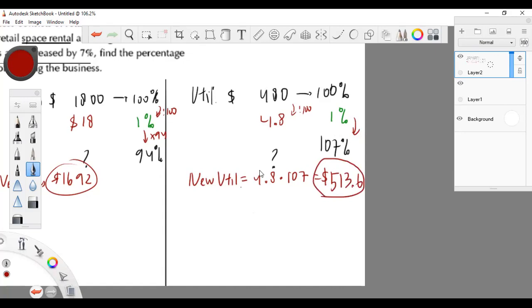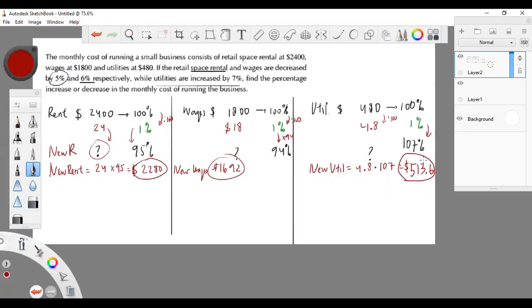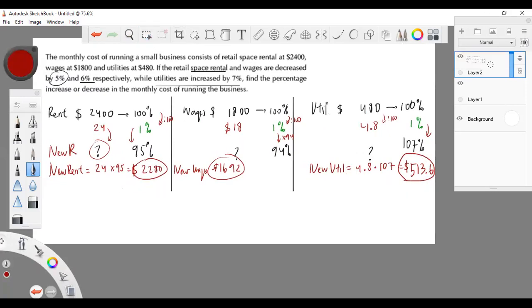Now, what is the question? Find the percentage increase or decrease of the monthly cost of the business. Oh my goodness. So what you can do now is try to compare the old and the new. So the old expenditure or old monthly cost, use this 24 plus 18 plus 480. 2400.